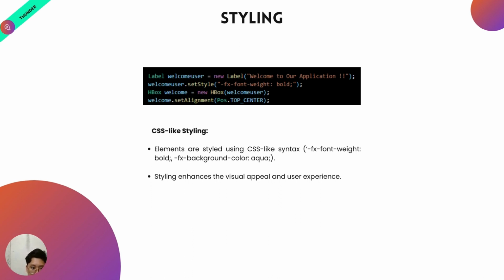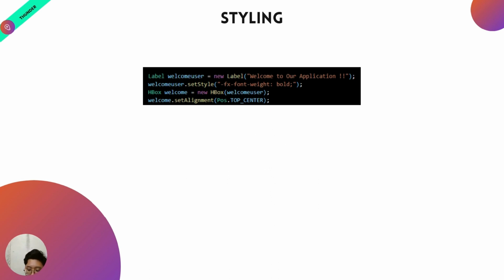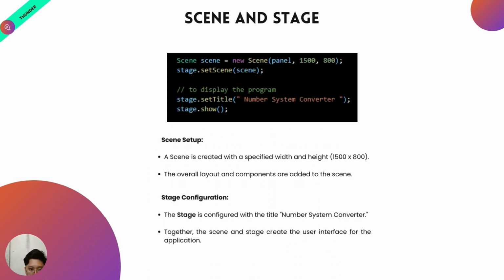CSS is basically a simple design language, and we use it because it simplifies our process of making the web pages. The next part is we use the stage and scene in the program. The stage is like a window where the stage contains all of the objects. In order to use it, you just need to call the show method to display the content that you put in the program.